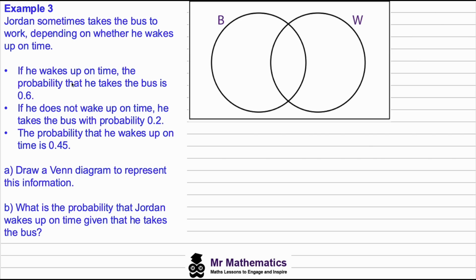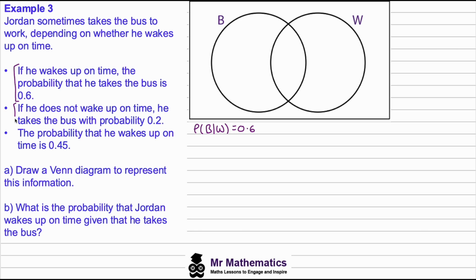Okay, so how did you get on with that? If we read the first statement, if he wakes up on time, the probability that he takes a bus is 0.6. So this is the probability of getting a bus given that he woke up on time.